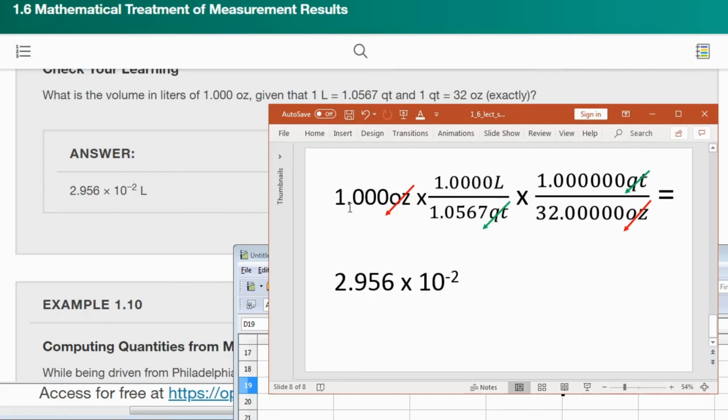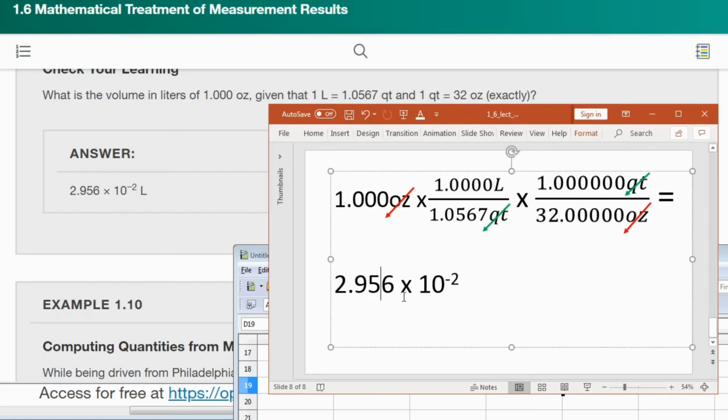Now the final product will be constrained by the measurement or the factor here that has the least number of significant figures. So in this case, it's saying 1.000 ounces, which is 4 significant figures. So the answer should be 4 significant figures.